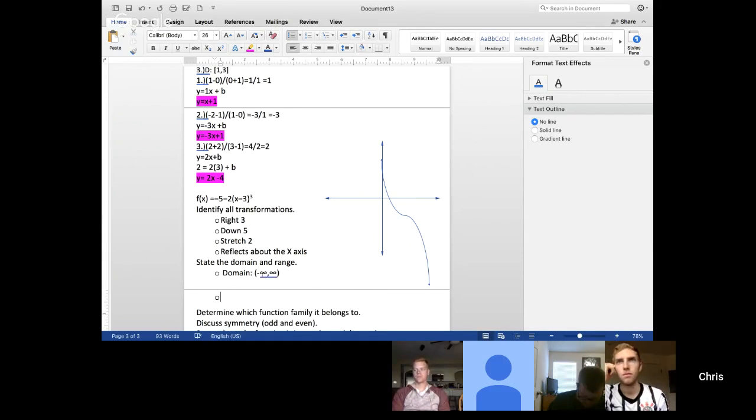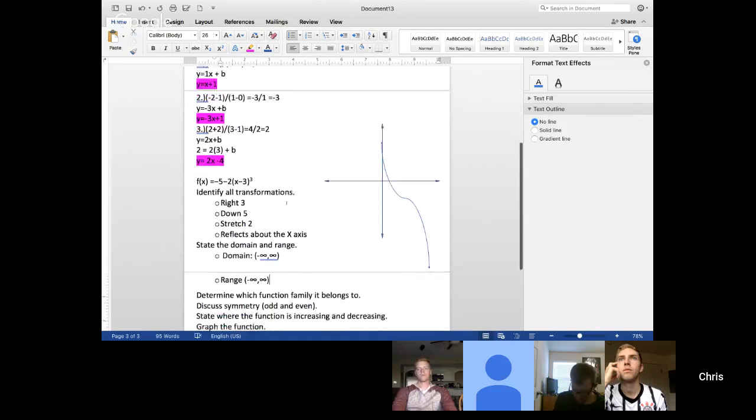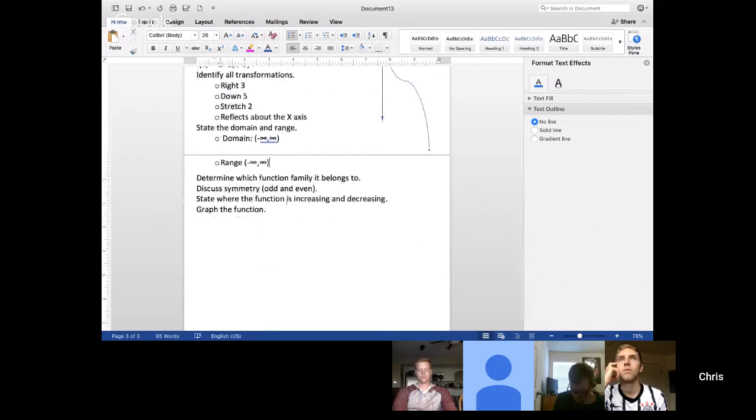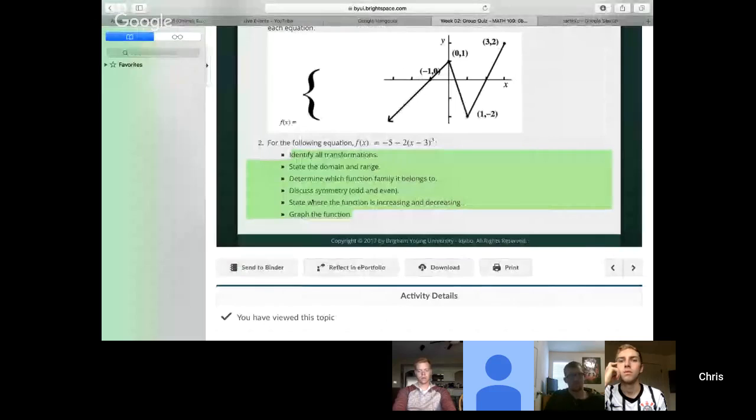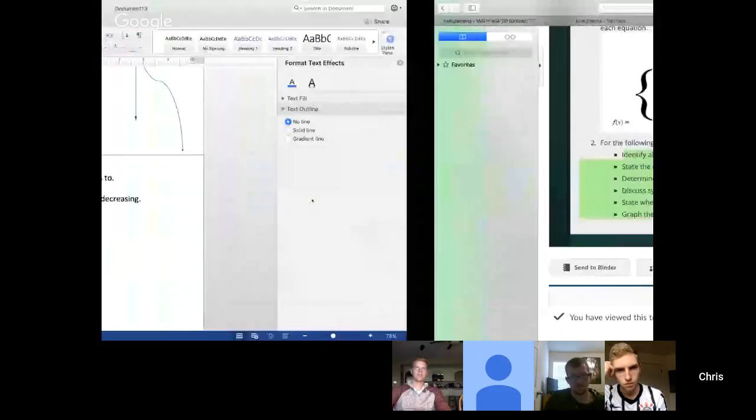And you want the range. Negative infinity. Domain, range, determine whether the function belongs to... what? Oh, which function family it belongs to.